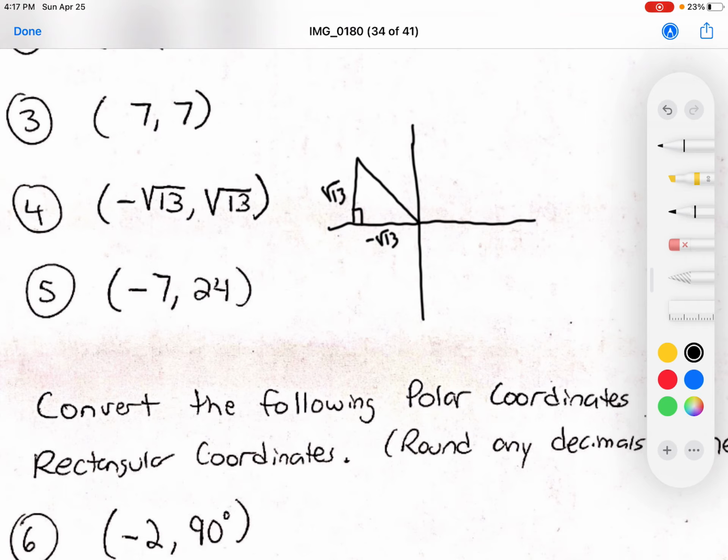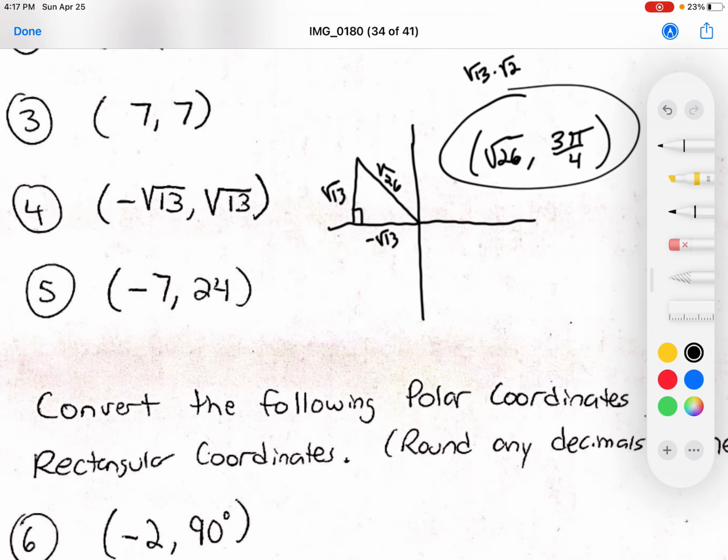Well, your hypotenuse is your leg length times root 2. So root 13 times root 2, that's just root 26. So there's my radius, root 26. And my radian is going to be 3 pi over 4.